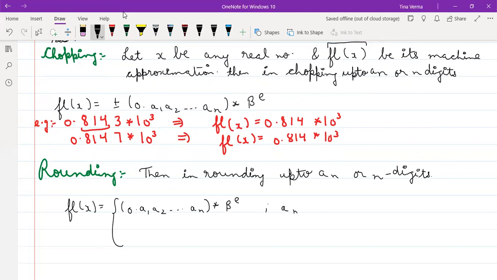If your a(n+1) is less than 5, it will be your 0.a1a2...an, and if your a(n+1) is greater than or equal to 5, then at your nth place you will add 1.